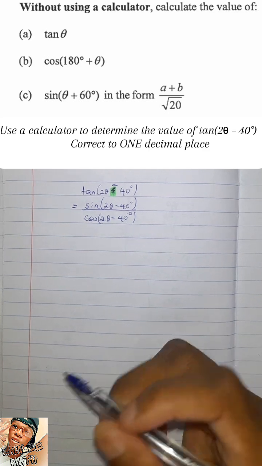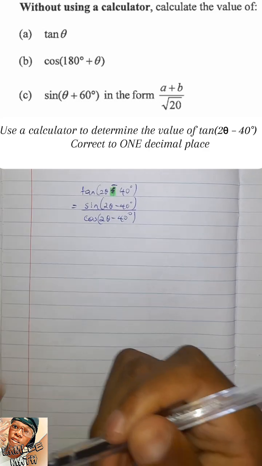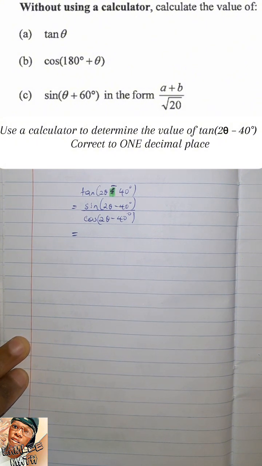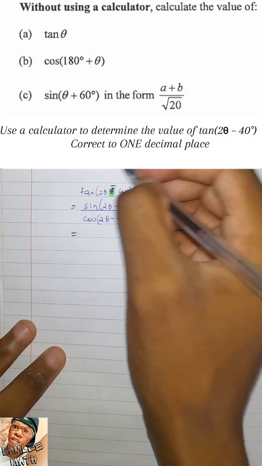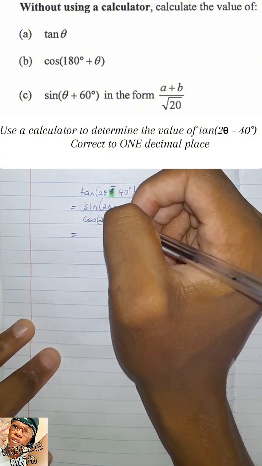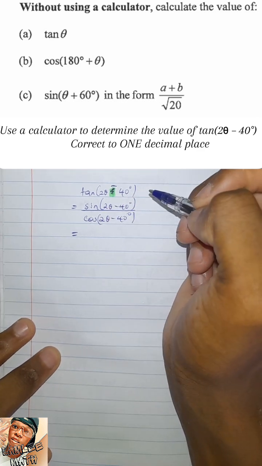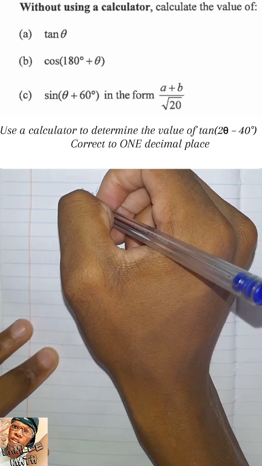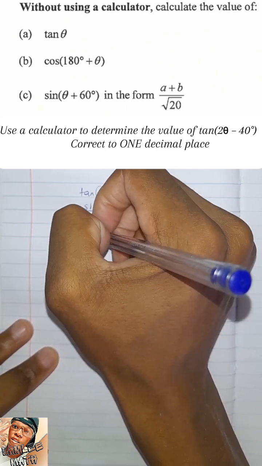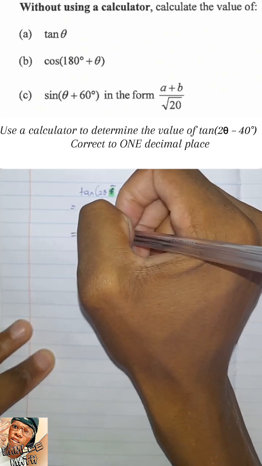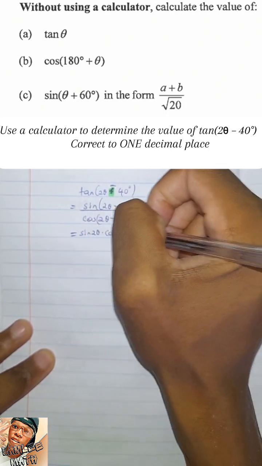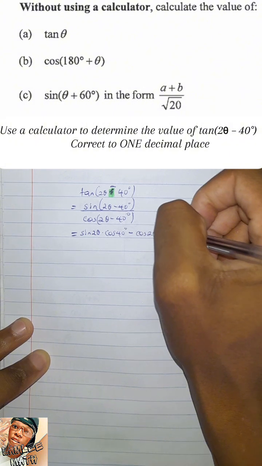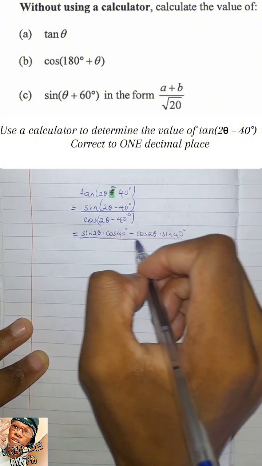All right. Now we're going to utilize the calculator, right? So utilizing the calculator, we're going to substitute. We're going to utilize the compound angle. So the compound angle of sine is sine 2 theta multiplied by cos 40 degrees minus cos 2 theta multiplied by sine 40 degrees, right?